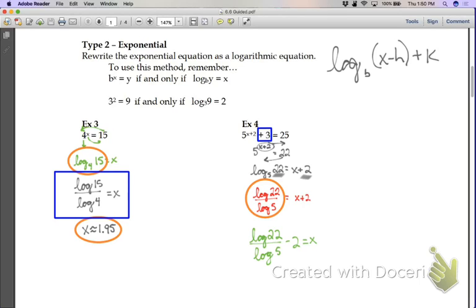Whenever I do that, I'm going to get about negative 0.079 or 0.008. And it's understandable if you would have subtracted the 2 from the 22.